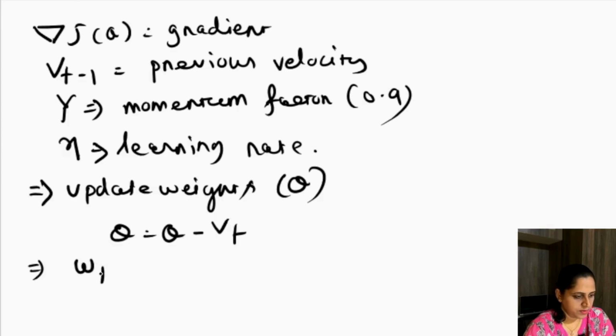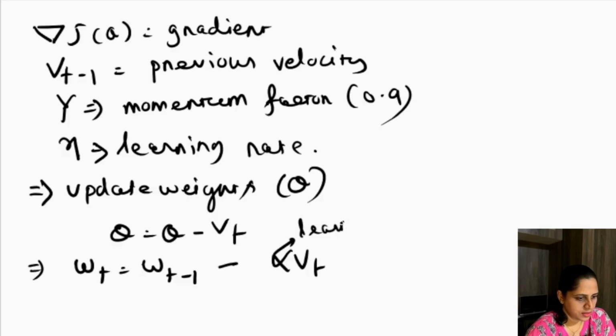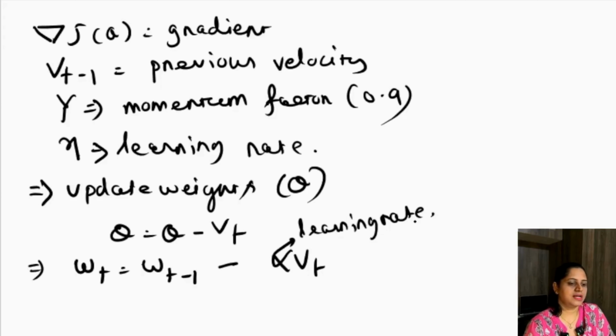That means my current weight is going to be my previous weight minus alpha into Vt. So we all know this is your learning rate. So instead of your gradient, we are using my Vt. That's it. That should be the formula, and that is the only change.